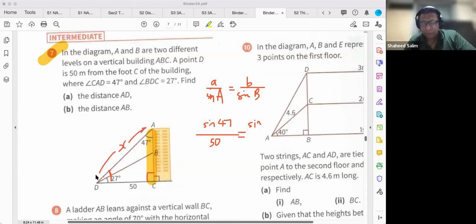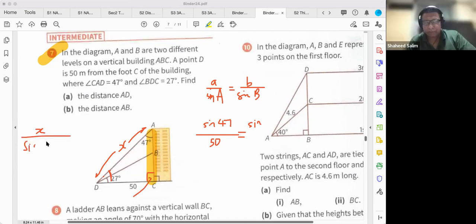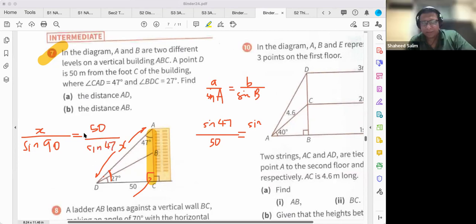So you can put it like that: x over sine what? What is this angle? 90, right? x over sine 90 equals, down here you say 50, 50 over sine 47. Does it make sense to you? Then you bring the sine over the other side, it goes up. The seesaw. So can you find out what's x then?